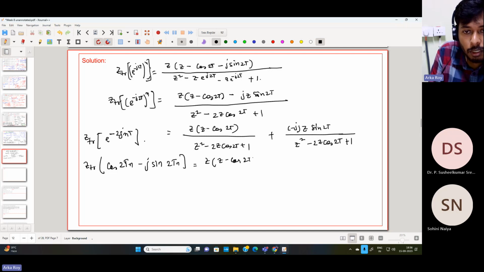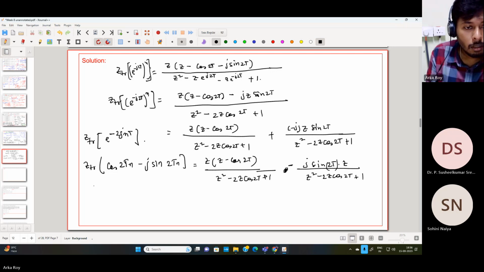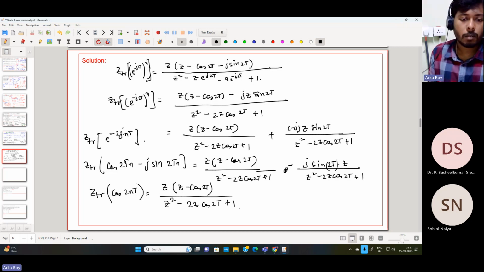So it would be z cos 2t over here divided by z square minus 2z cos 2t plus 1, and then minus j sine 2t multiplied with z divided by z square minus 2z cos 2t plus 1. So the z transform of cos 2nt is basically z minus cos 2t divided by z square minus 2z cos 2t plus 1.